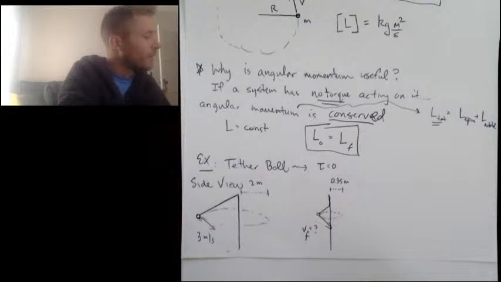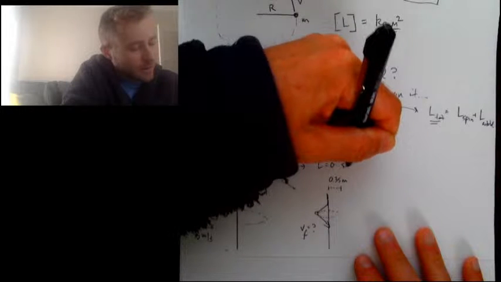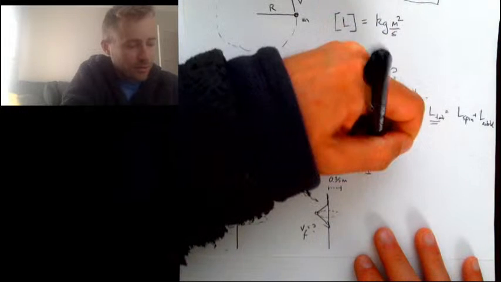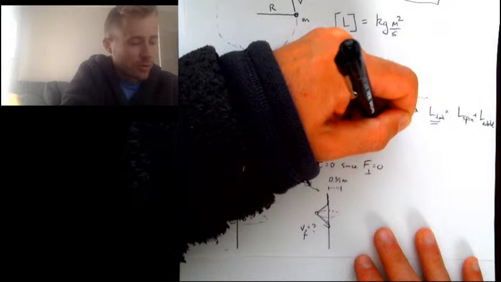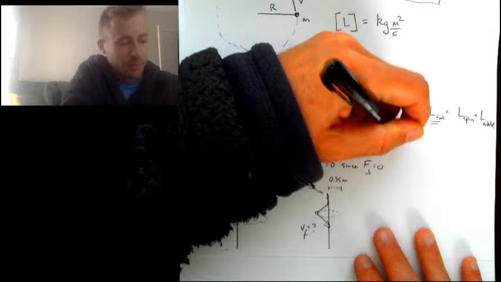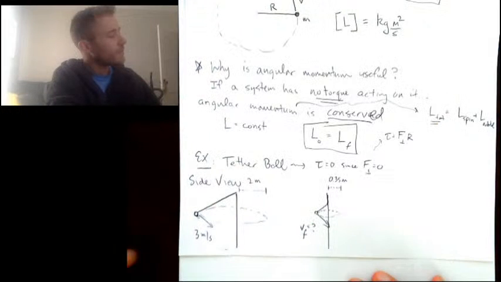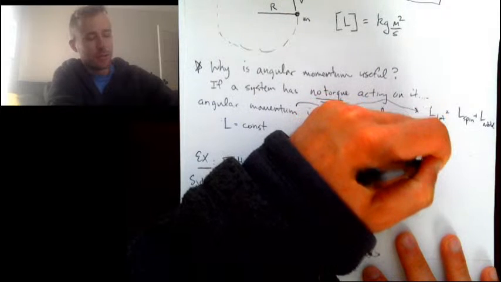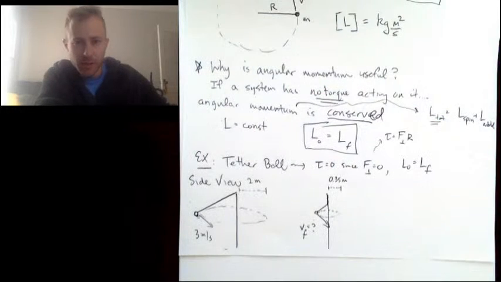So since the perpendicular component of that tension is 0. Remember, torque is F perp times r. All right? So that means that the initial angular momentum is equal to the final angular momentum.